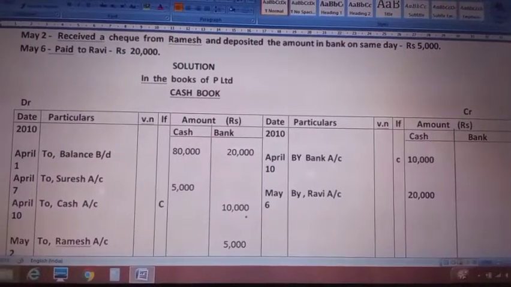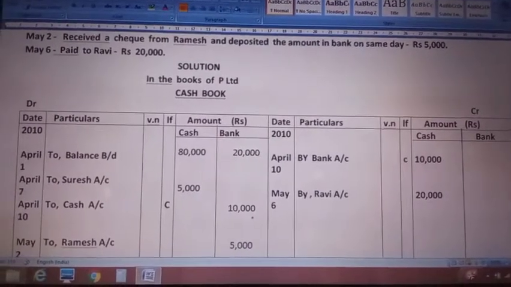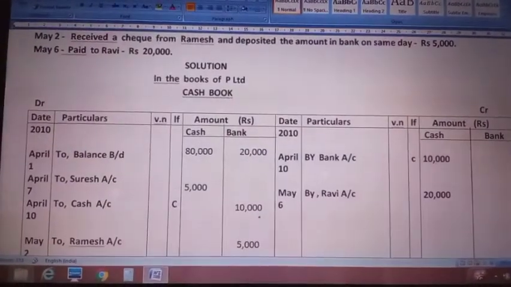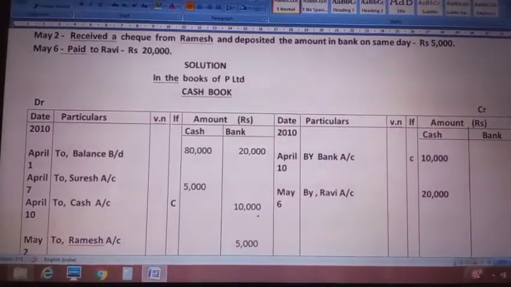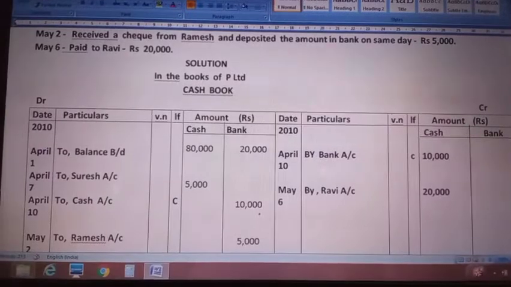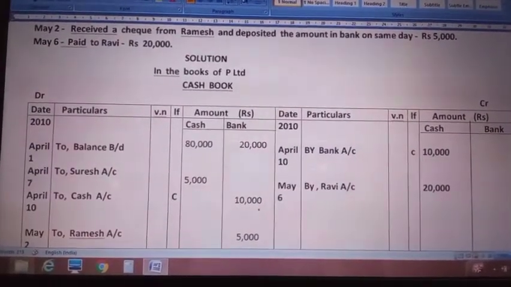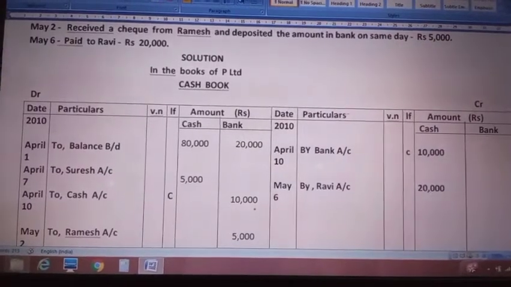For the time being, just keep this in your knowledge. Okay, so May 2nd, we have received the check from Ramesh and deposited the amount in the bank on the same day. It is mentioned, so that is why we are recording it in the cash book, and we are writing it on the debit side to Ramesh account 5,000. Okay.